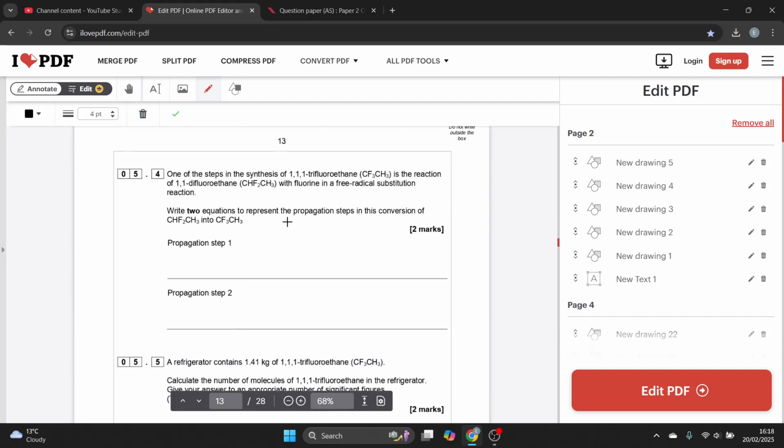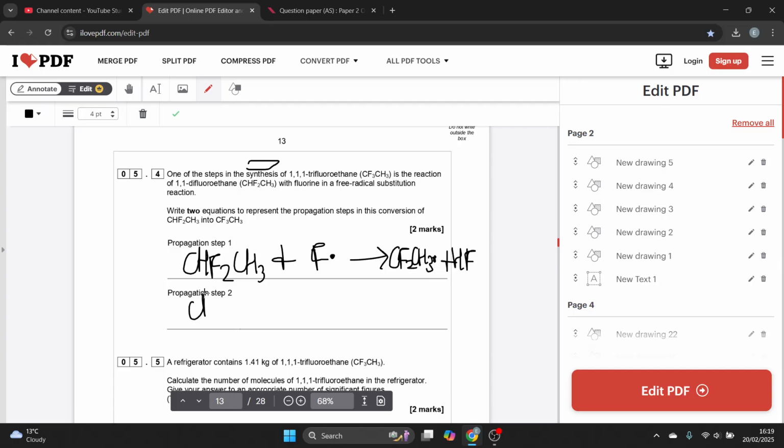Two equations represent the propagation steps converting this into that. CHF2CH3 plus a chlorine. Is it? No, it reacts with fluorine in free radical substitution. So I'll just jump into the fluorine free radical. Generally it's chlorine, but in this case it's not. I'm going to form HF, plus what else? I'm going to form CF2CH3 dot.